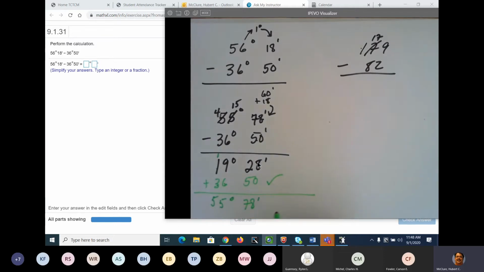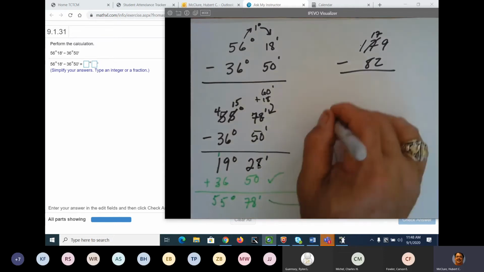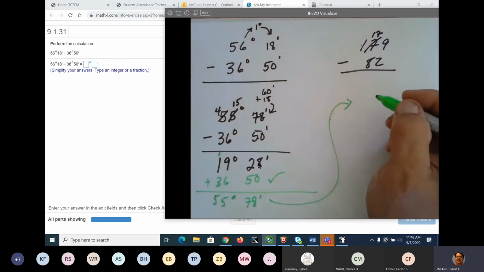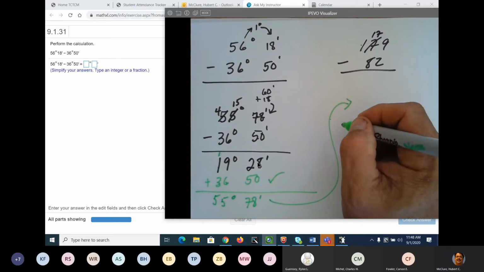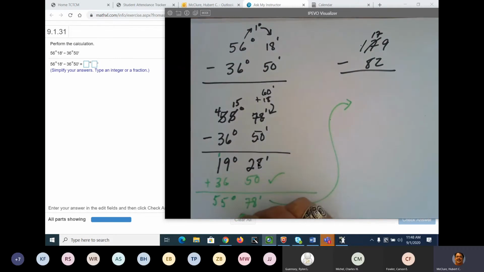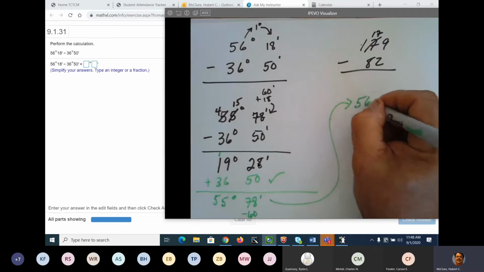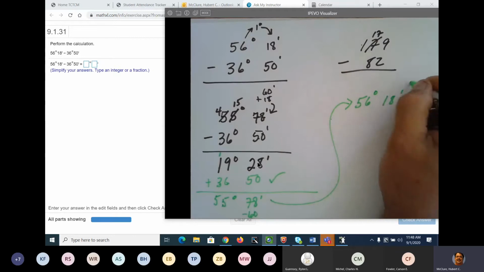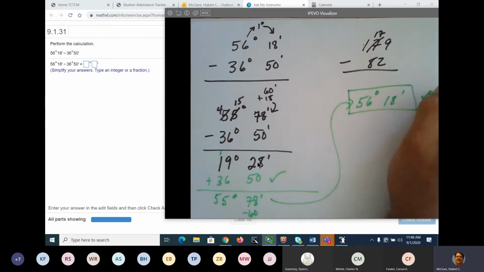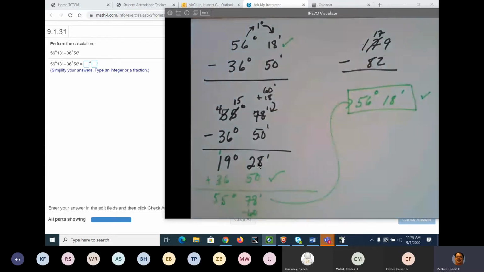But there is no such thing as 78 minutes. There's only 60 minutes in a degree, so that's going to bump this up to 56. And then 78 minus 60 is 18. And that does check with what we were working with.